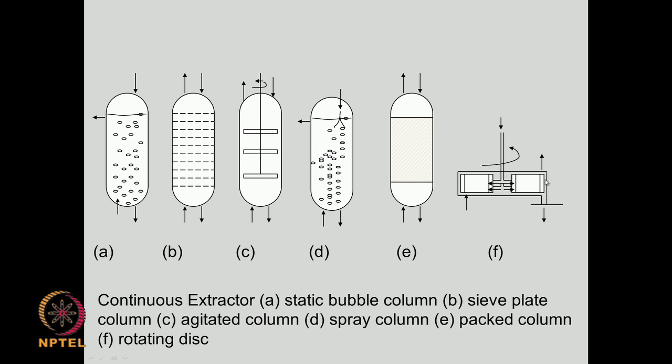Because of the centrifugal force, it hits and gets mixed up with the other phase. So, the mass transfer rates are very high, because one of the phases is thrown outside because of the centrifugal force, that gives you a very large velocity and it gives you a very large mass transfer coefficient also. So, with this type of rotating disc we can achieve a very large mass transfer coefficient with a very small setup.